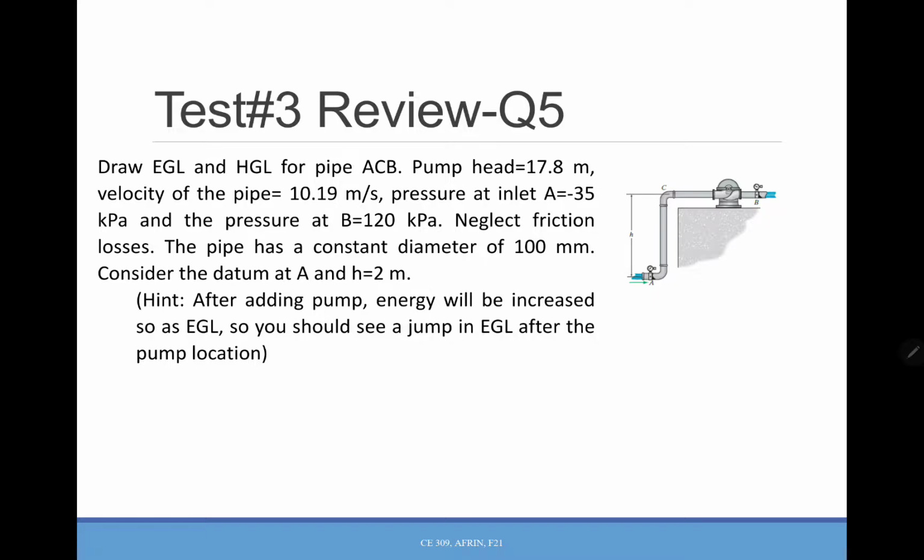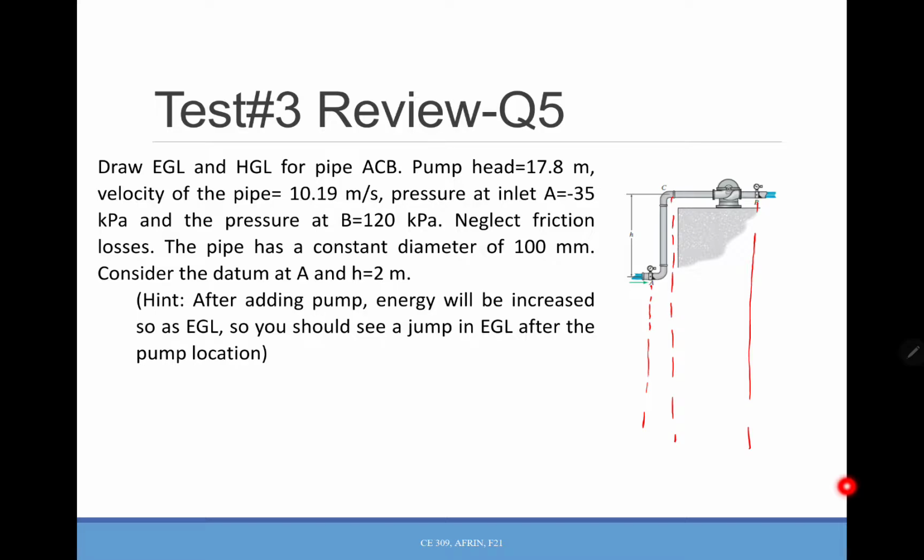EGL and HGL mean energy grade line and hydraulic grade line. So you can draw some line here, A, C, B, and you can start with EGL, because I think for the velocity at inlet.